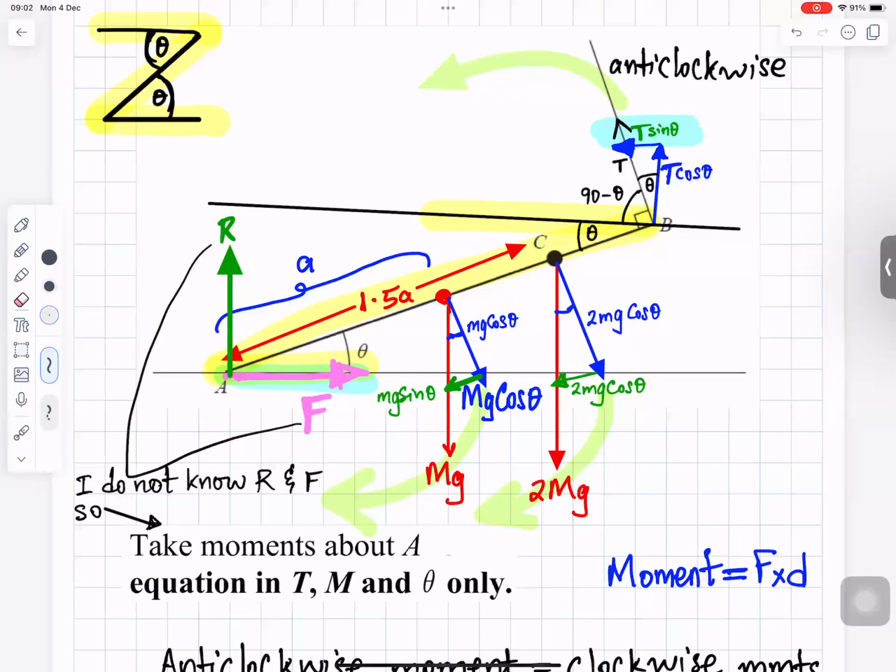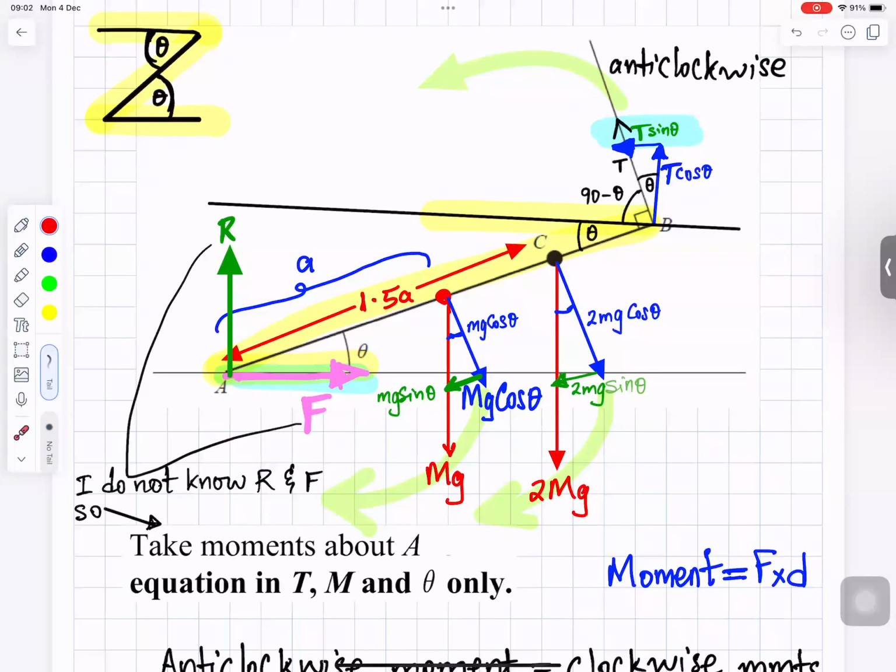And this one should be 2mg sine theta, pulling it downwards. So using that triangle there, this distance is 1.5a, up to that point C.